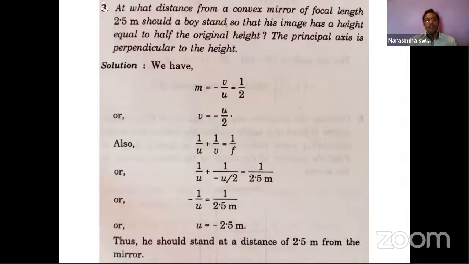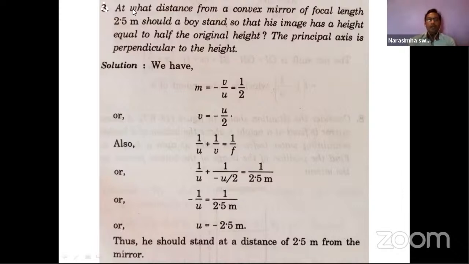At what distance from a convex mirror of focal length 2.5 meters should a boy stand so that his image has a height equal to half the original height?